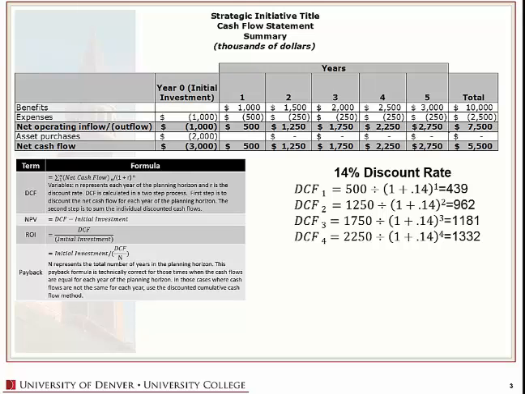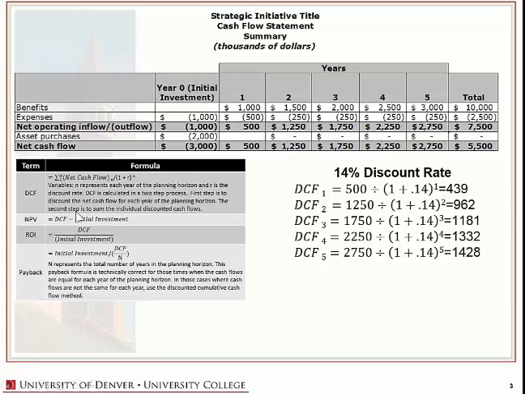We take the 2250, divide it by 1 plus the discount raised to the fourth power, and that comes up to 1332. And then finally, we will take the last year, the 2750, divide it by 1 plus the discount rate raised to the fifth power, and come up to 1428. And you can see here the power of the time value of money where the numbers are significantly lower in the out years.